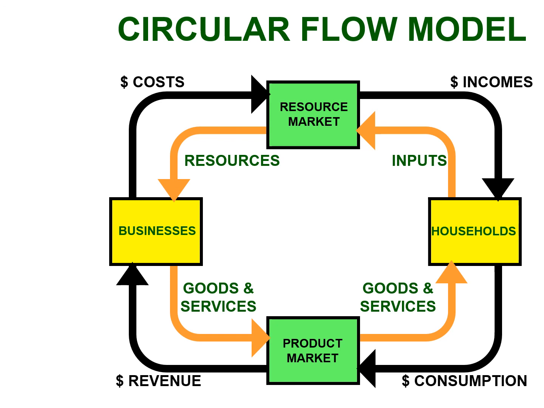This is the simple circular flow model. Again, for the time being, we're ignoring government, and we are ignoring any activity between businesses, just as a simplified examination of the flow of both money and physical flow through the economy.